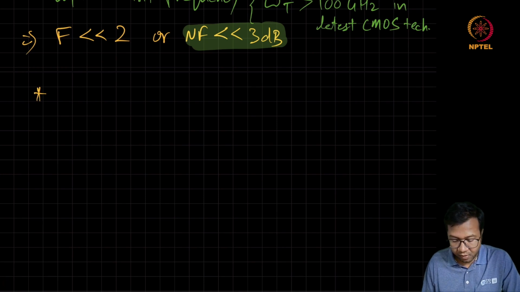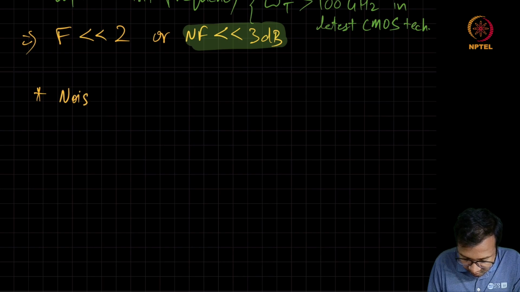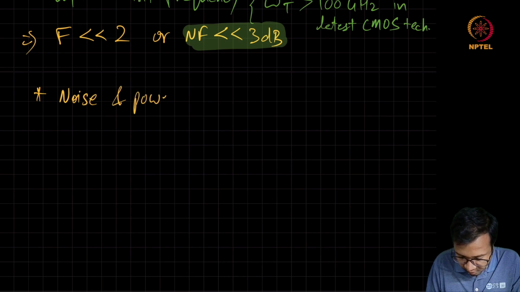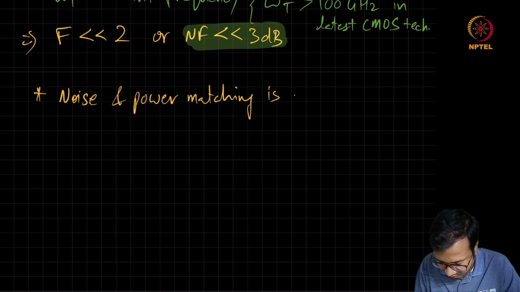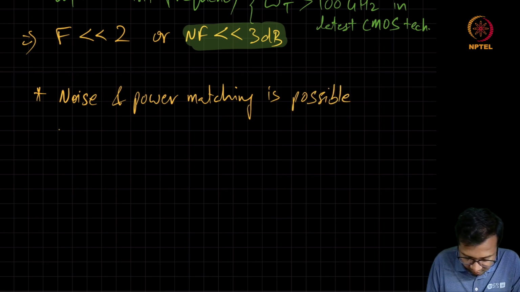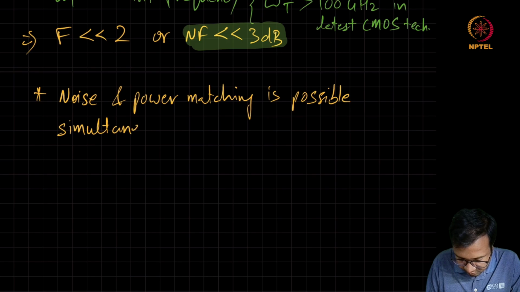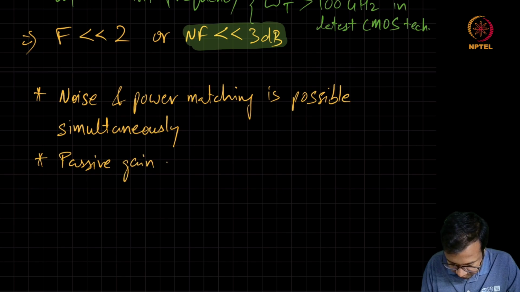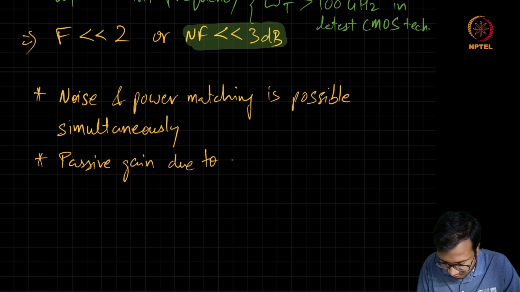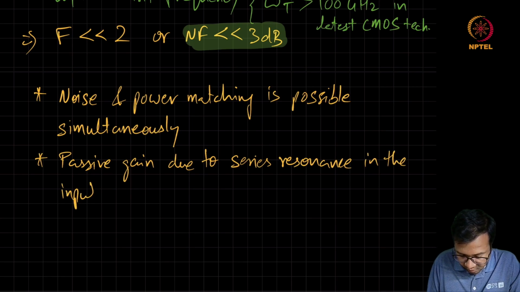So key point to note here is noise and power matching is possible simultaneously, and there is a passive gain upfront due to series resonance in the input network.